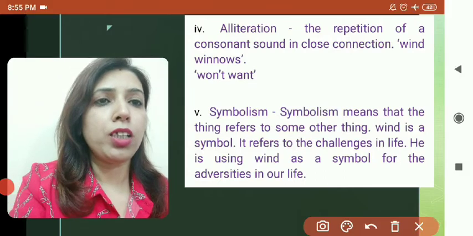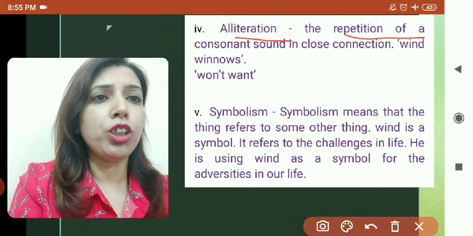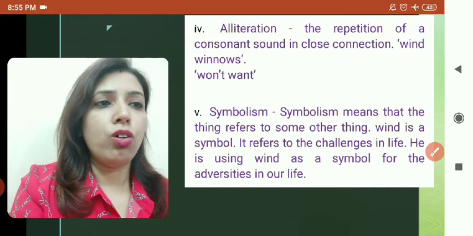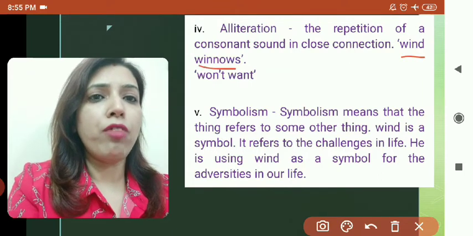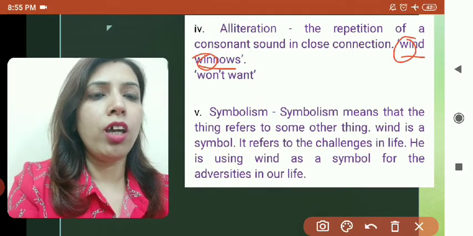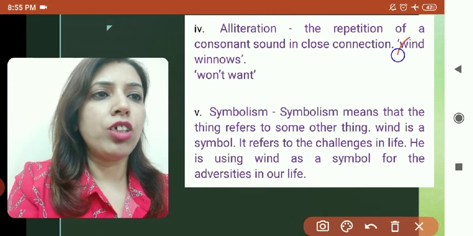Now the next poetic device is alliteration. Alliteration means repetition of consonant sounds in close connection. These consonant sounds are repeated, like in "wind" and "winnow": the first sound "w" is repeated. So this is called alliteration.